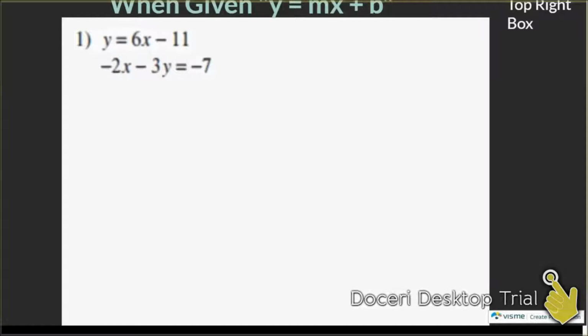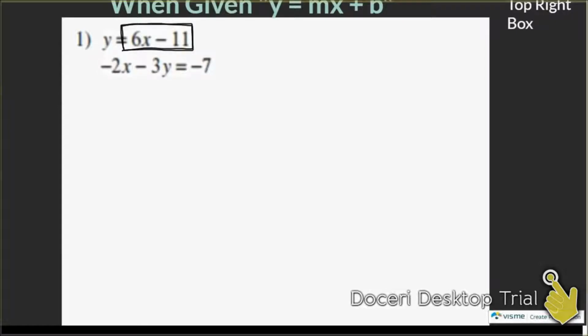So we're going to keep that there. Our second step, if you remember, was to sub everything that's behind the equal sign. In the equation that has y by itself, we're going to put a box around everything that's behind the equal sign. I want everybody to do this. And we're going to sub that into our other equation.